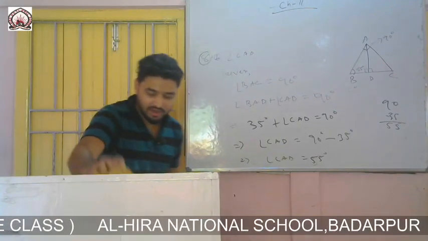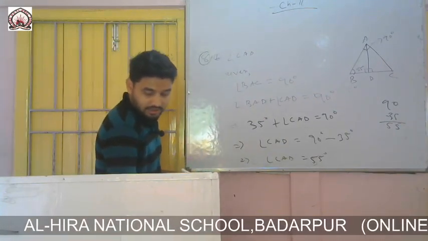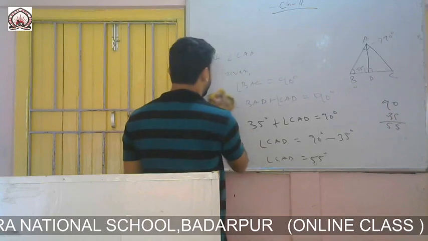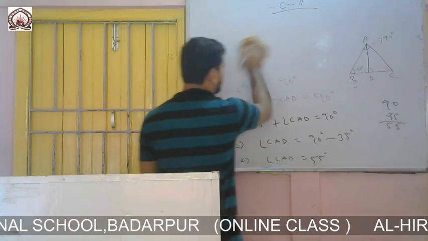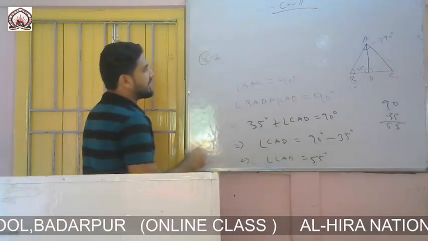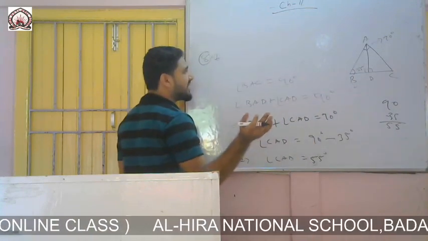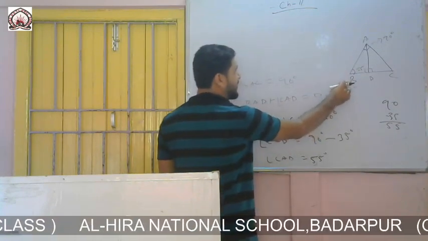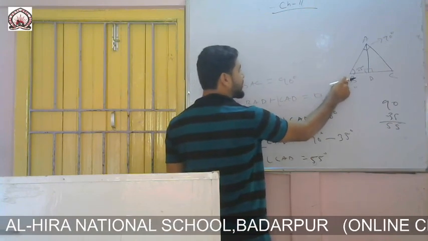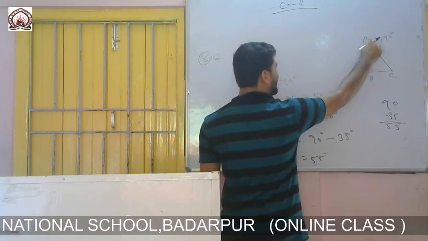Now we can find angle ACB. Now we have to find ACB. Clearly you can find ACB because we know the measure of this angle, and also you know the measure of this angle, 90 degree.